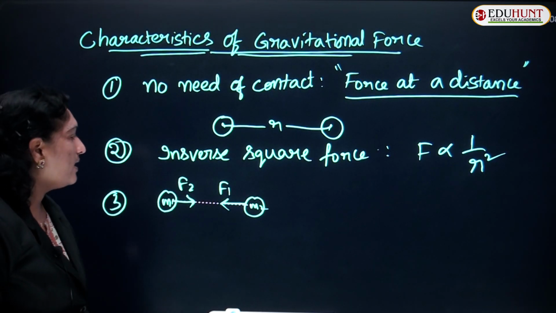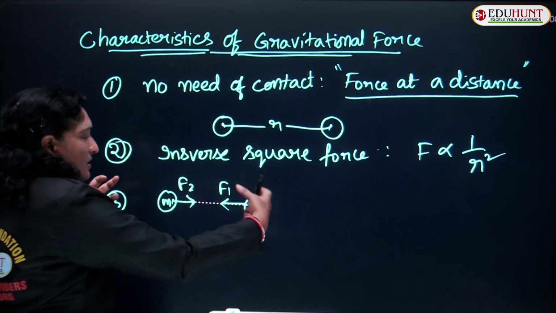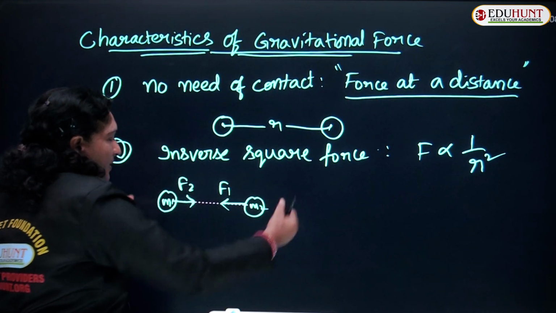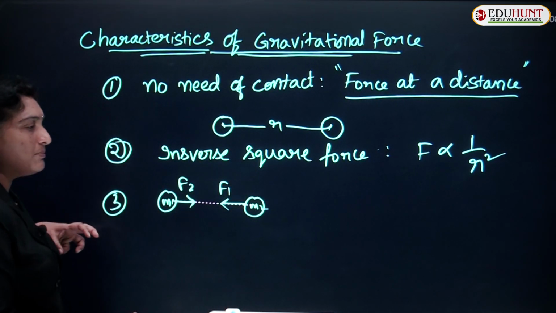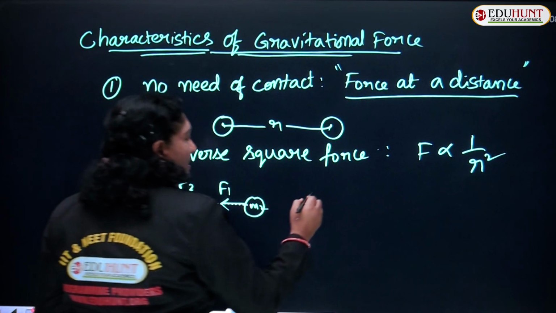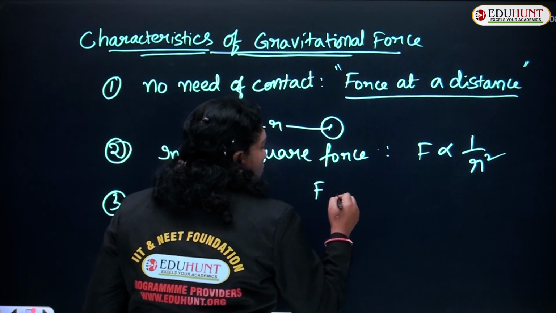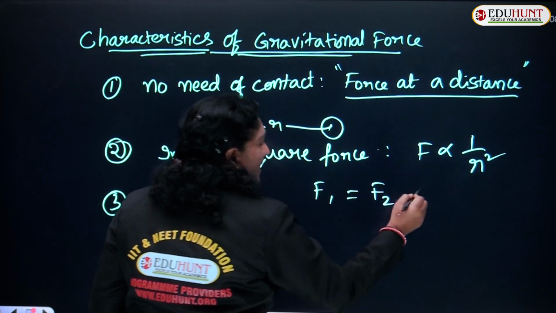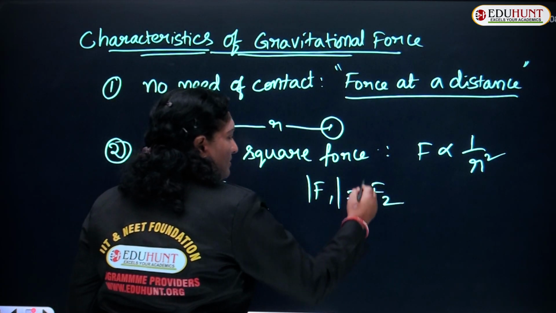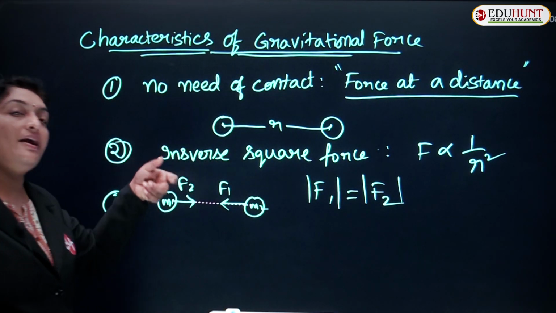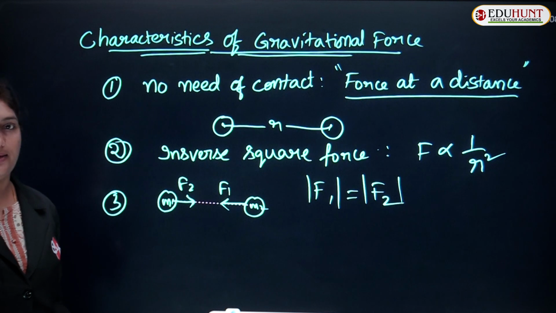Very clearly, whatever force the first body exerts, the same force is applied by the second body on the first body. So clearly we can say that the magnitudes of the forces F1 and F2 are equal. Equal and opposite forces are acting.